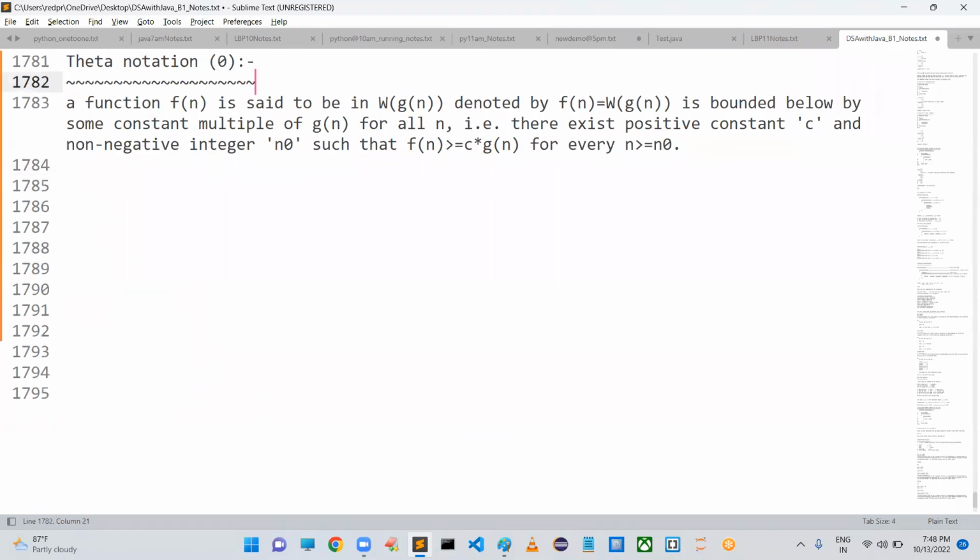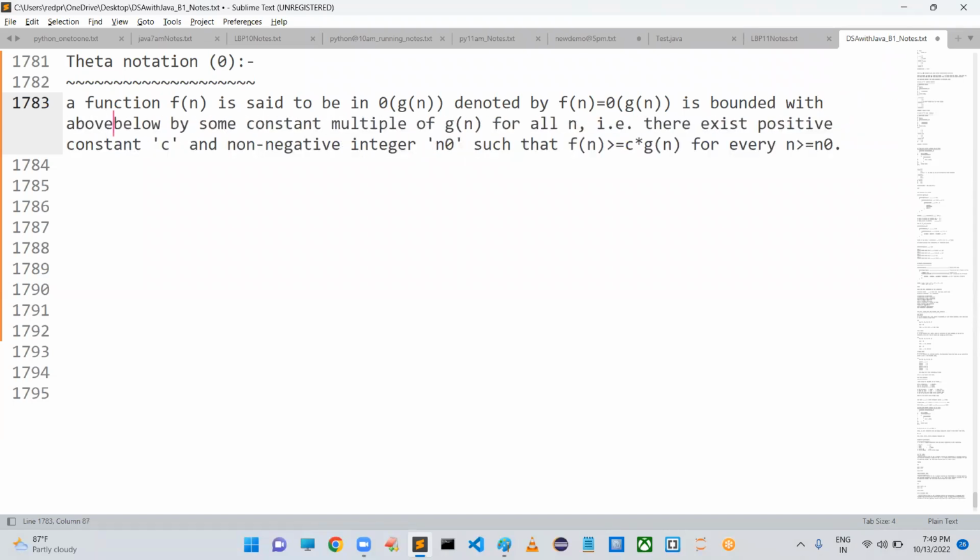A function f of n is said to be theta of g of n, denoted by f of n equals theta of g of n, if it is bounded above and below by some constant multiples of g of n for all n.